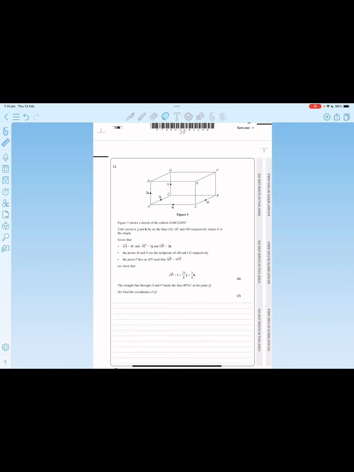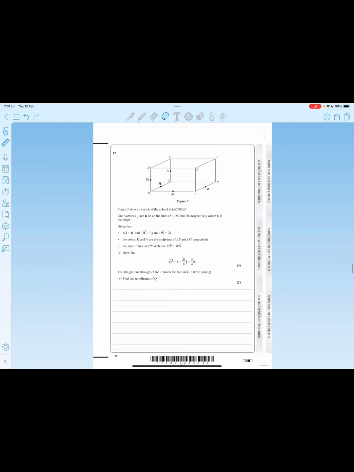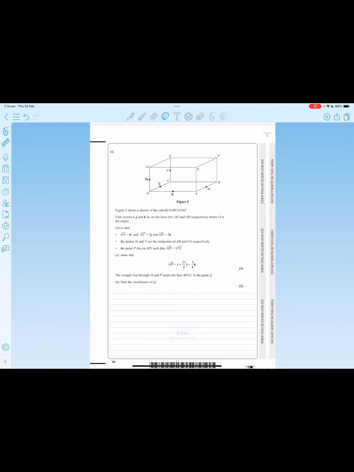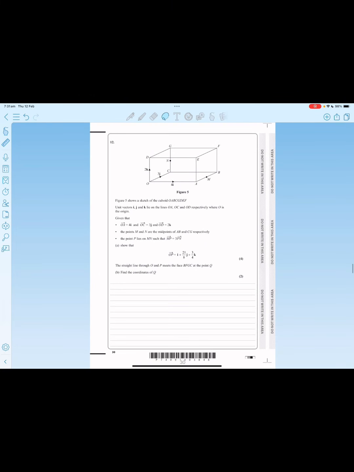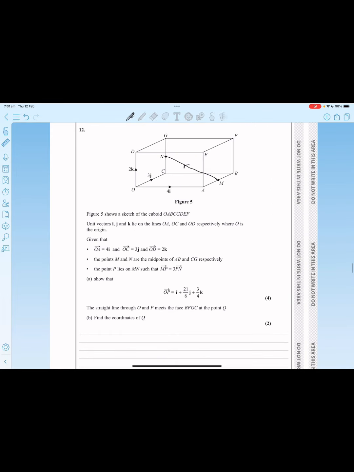Figure 5 shows a sketch of the cuboid OABCDEFG. Unit vectors i, j, and k lie on the following lines. Given that OA is 4i, and we're given some more details. The points M and N are the midpoints, okay? The point P lies on MN, so MN would be this line here, going in this direction. And the point P lies on the line MN such that MP equals 3PN.